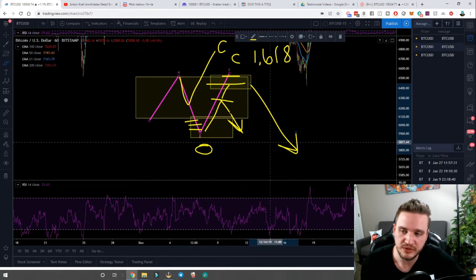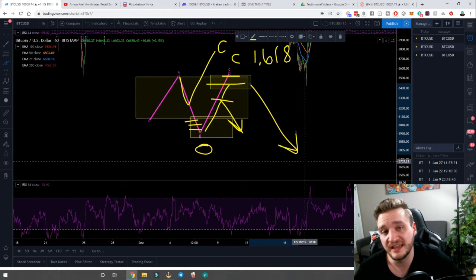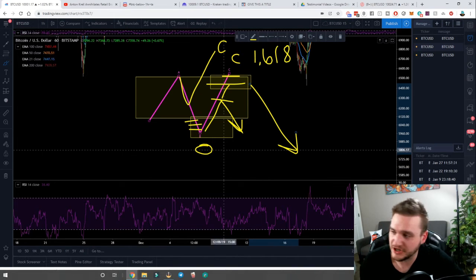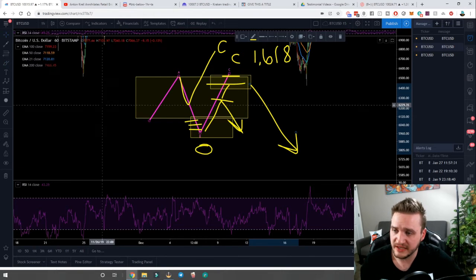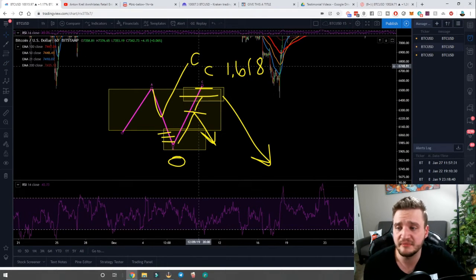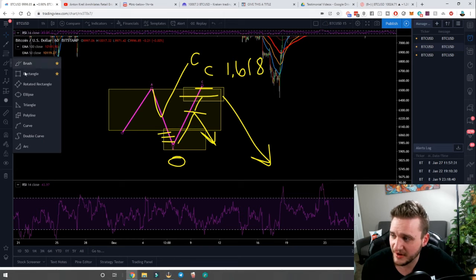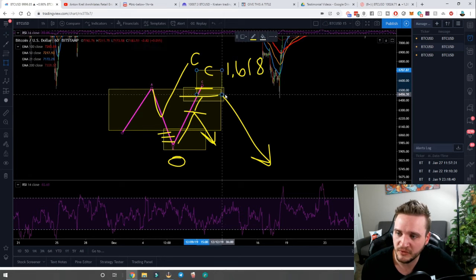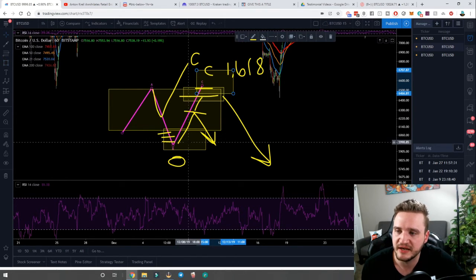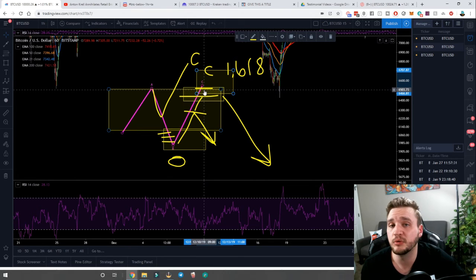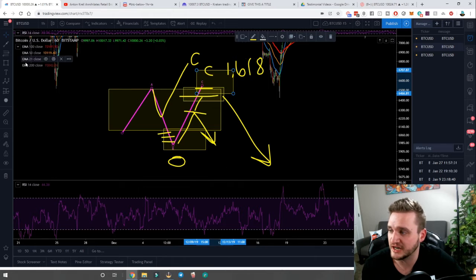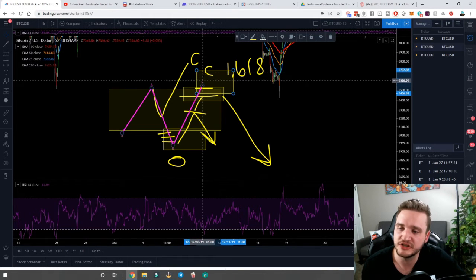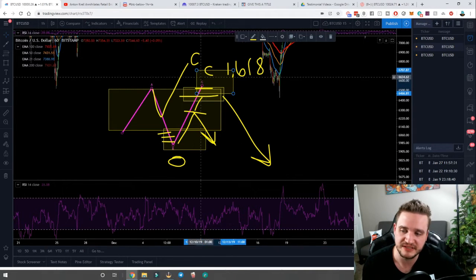So we will eventually turn back down this way, which then opens up an entry strategy. My entry strategy now for this is going to be aiming in on the top side of the box. Now I'm looking for this move, just like I was for the expanded B. Now I'm looking for a 1.236 to 1.618 entry strategy, and this is going to short back into the trend since the trend is down.